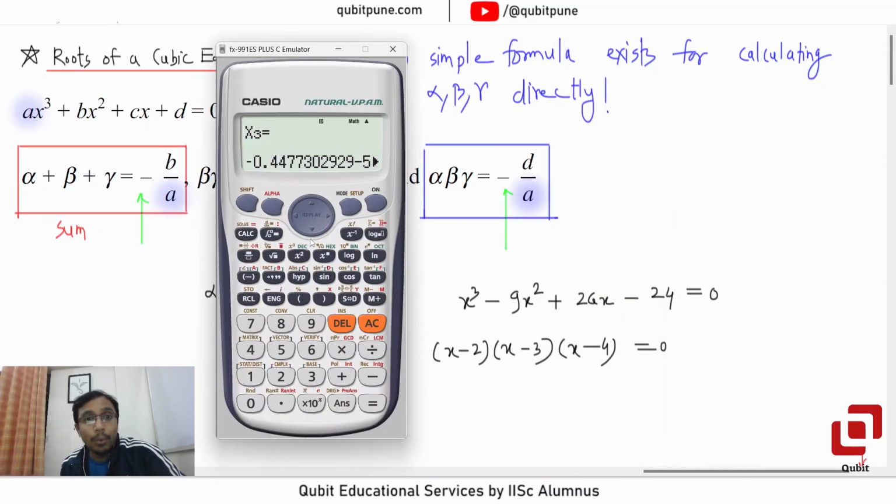No. Okay, the coefficients are negative 9, 26, negative 24. Yeah, 2, 3, 4. So that's good.